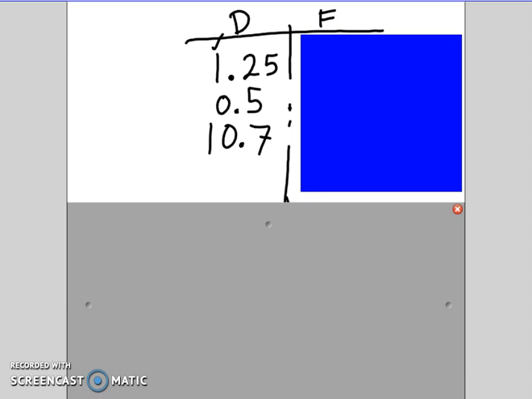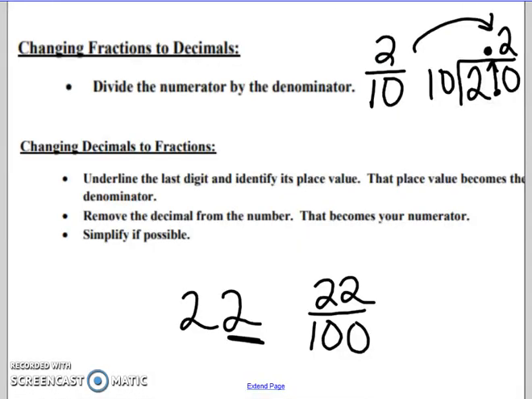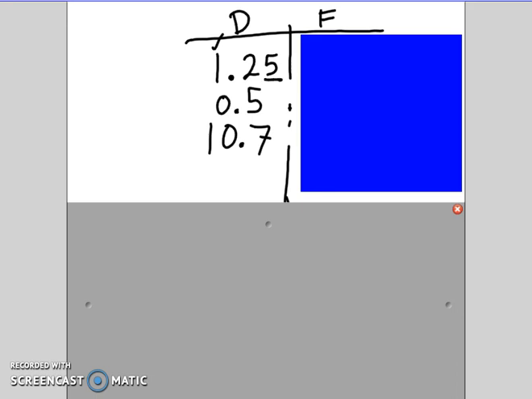Okay, so let's follow the steps for going from decimals to fractions. Step 1, underline the last digit. So the last digit is right here. So what is our place value going to be? It's going to be the hundredths place. And remove the decimal. You get 125 hundredths.